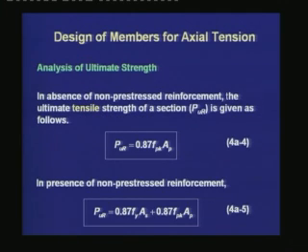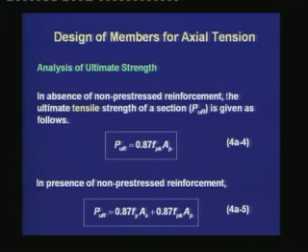In absence of non-prestressed reinforcement, the ultimate tensile strength of a section is given as Pur is equal to 0.87 times fpk times Ap.